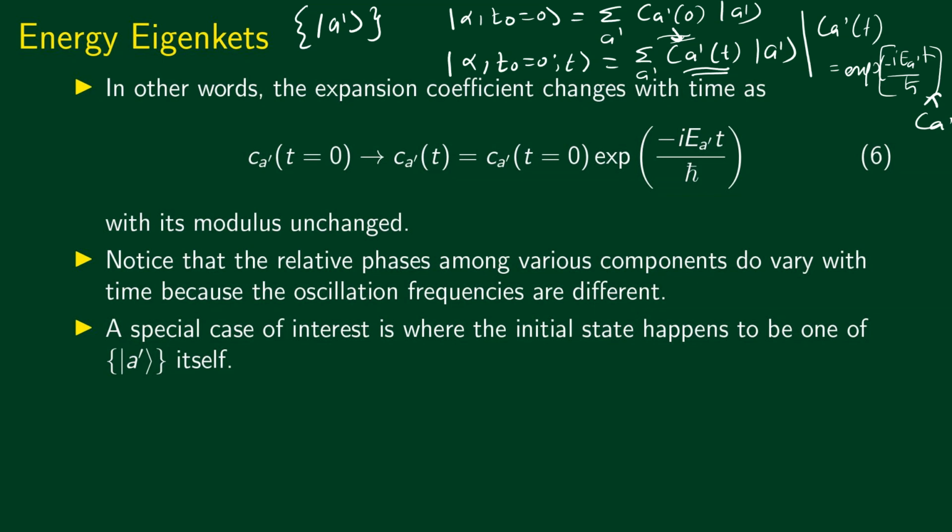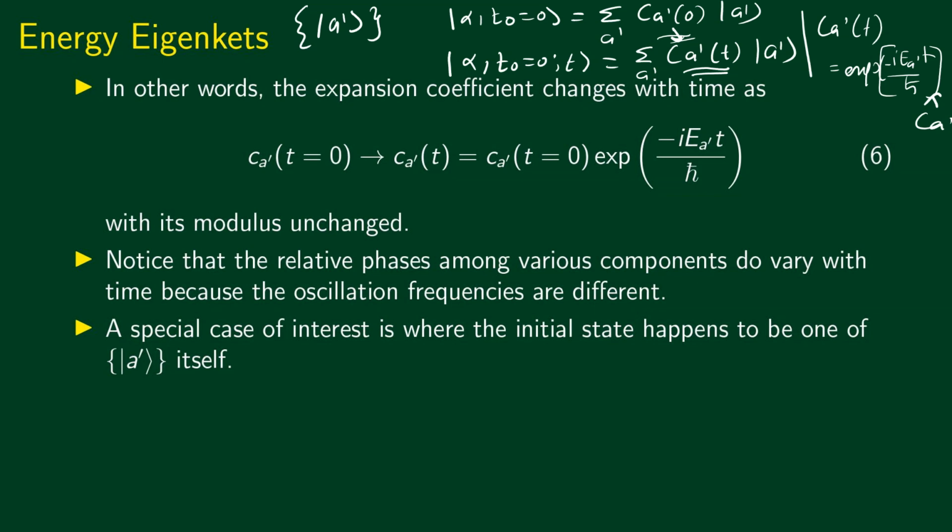All right. Now, since these are just phase factors, you see that the modulus of individual expansion coefficients remain the same. We know that the modulus of individual expansion coefficients are related to the probabilities for measuring individual values, all right, or these are related to the probabilities for individual measurements.